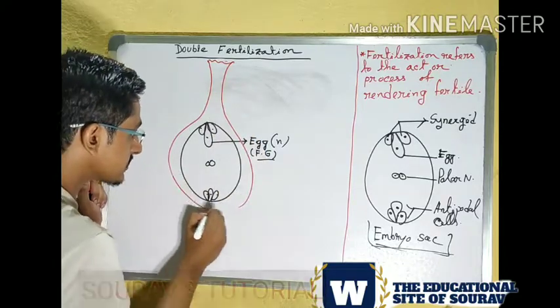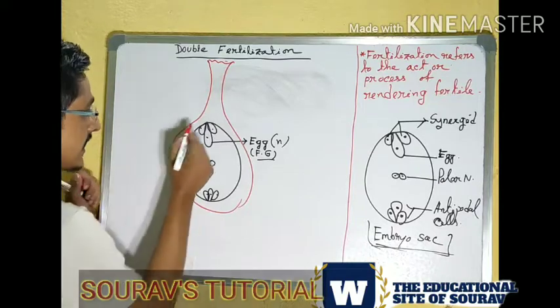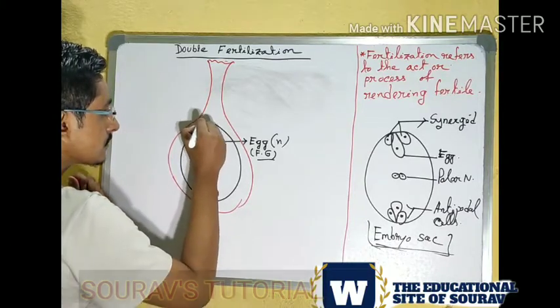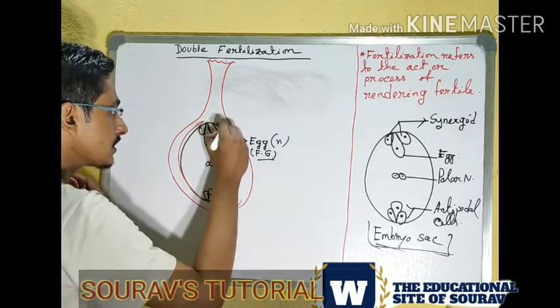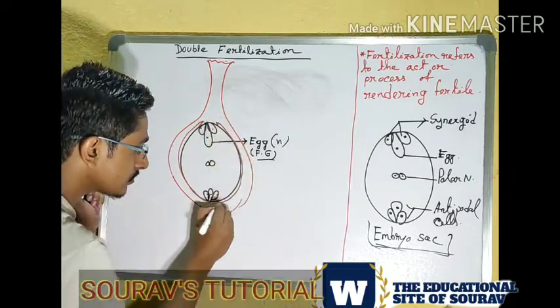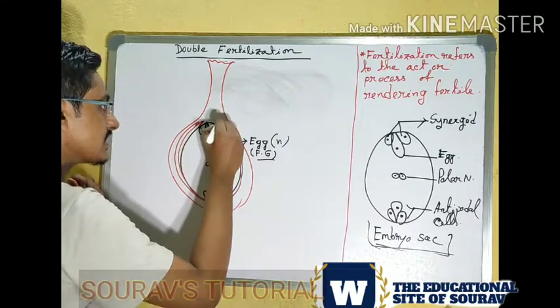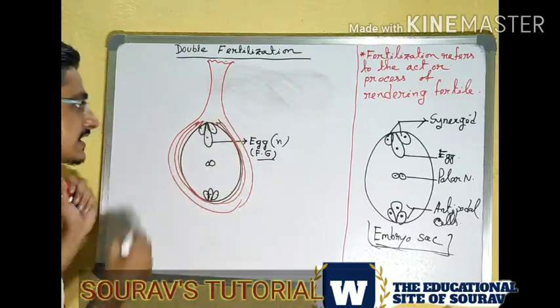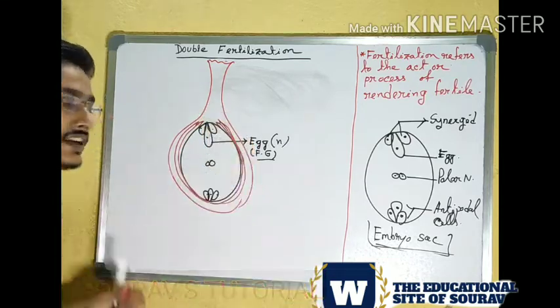There are some layers also, and these layers are called the integuments. There are two layers, first layer and second layer. These layers are called the integuments.